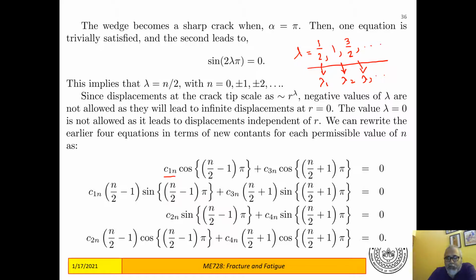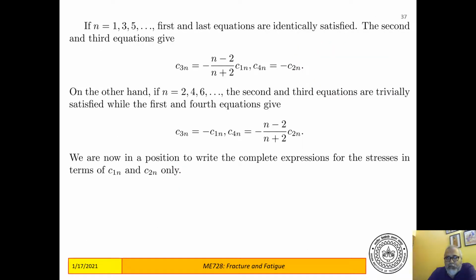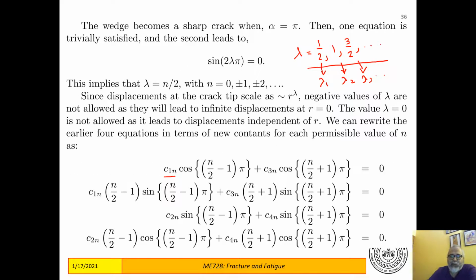Now, for n equal to 1, 3, 5 and odd numbers, when n is odd, this equation is identically satisfied. Then cos of this will be 0, cos of this will be 0. This equation is also identically satisfied because this will be 0 and this will be 0.